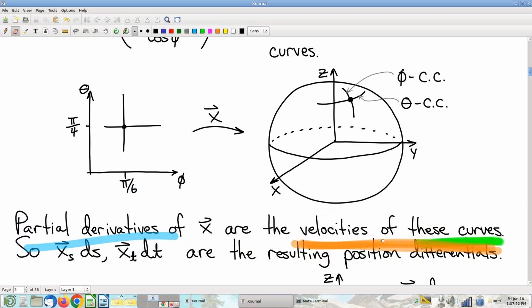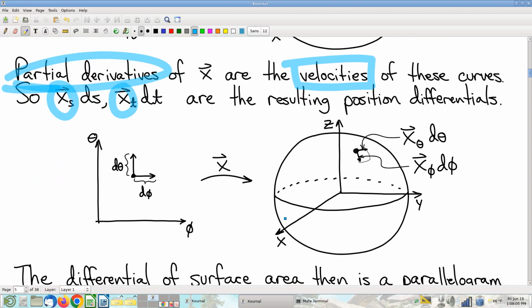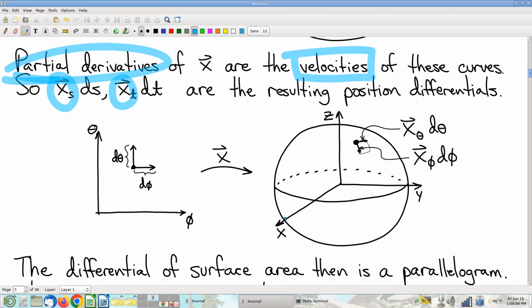Okay. So partial derivatives such as this and this, those partial derivatives are velocities. And velocity times input change gives you output change.